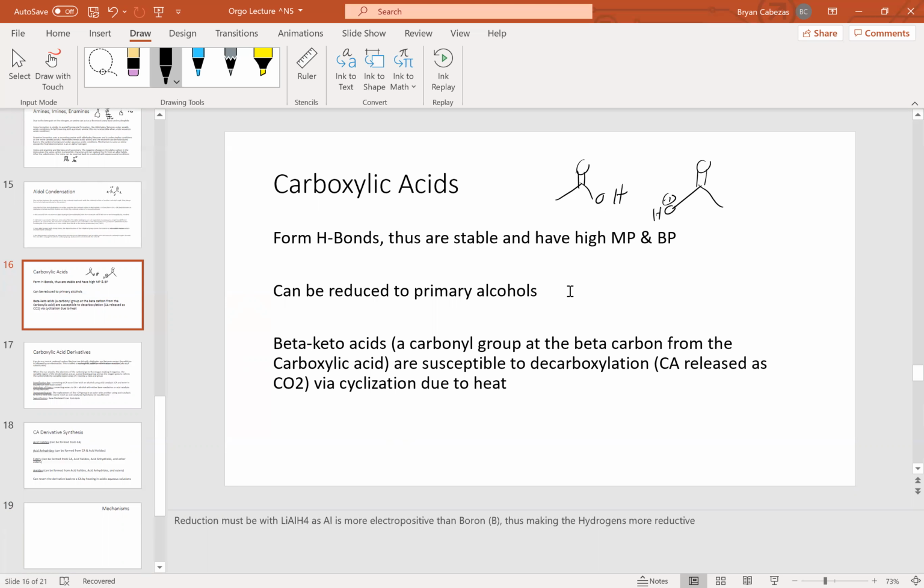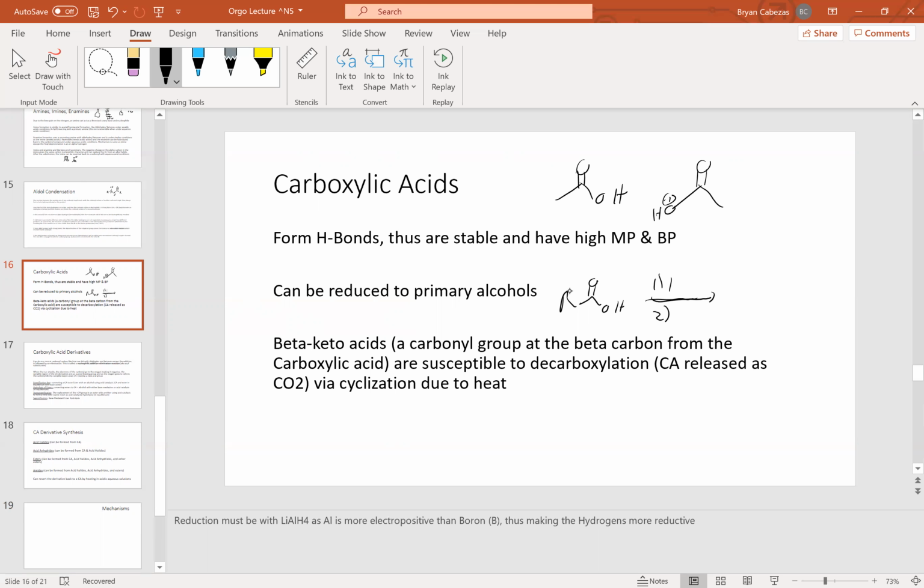A way to reduce carboxylic acids, remember a carboxylic acid is just a primary alcohol that has been oxidized until it became a carboxylic acid. What we can do is revert this carboxylic acid back to its primary alcohol form. And the way that we do that is with a reaction as such. This would be the reaction that we get when we're trying to reduce a carboxylic acid.